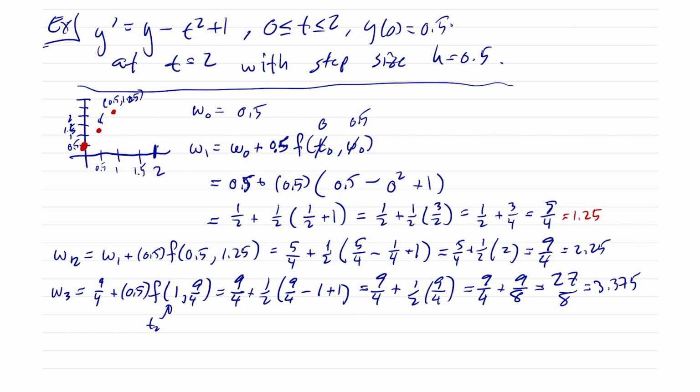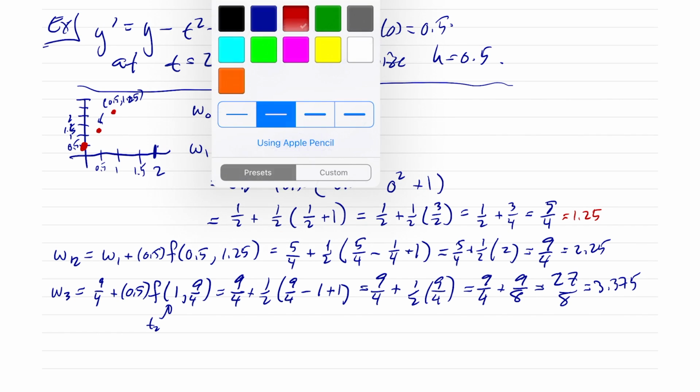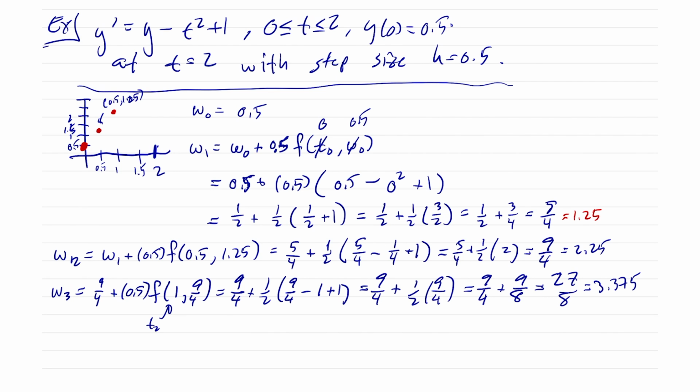So that is somewhere up here. I don't know, I'm just going to put it there. Okay, so let's keep going. We've got one more to do. We can do this. We're adults.